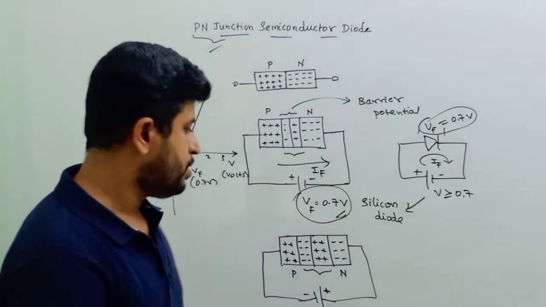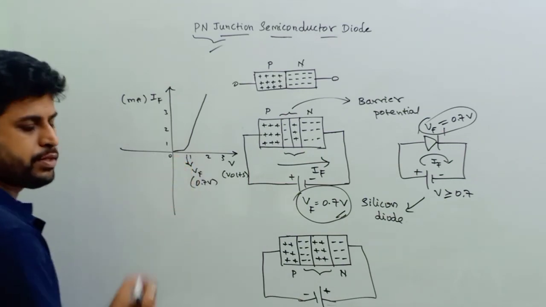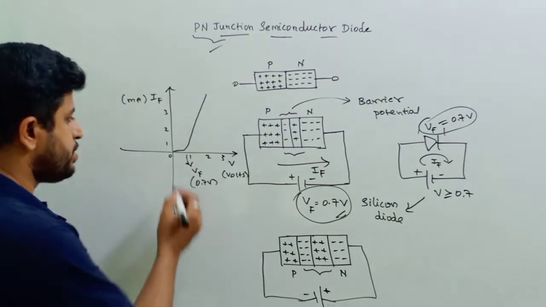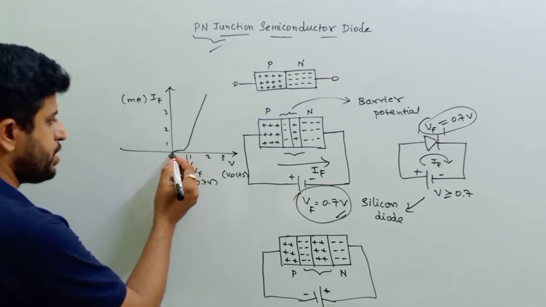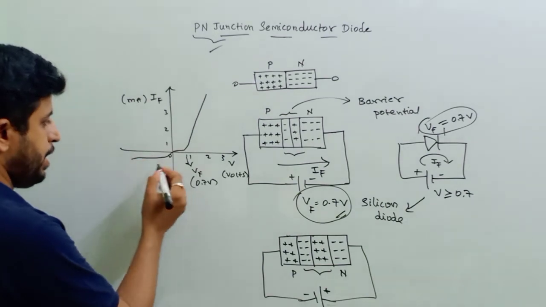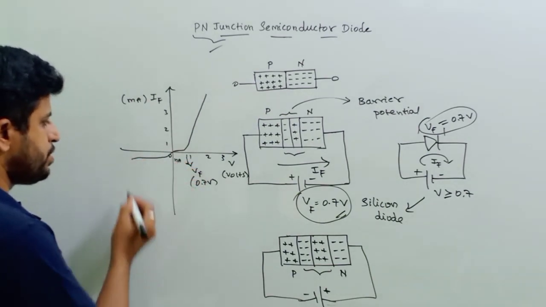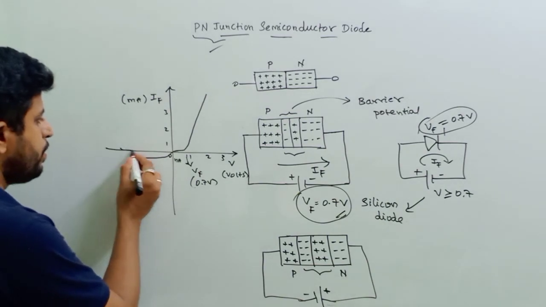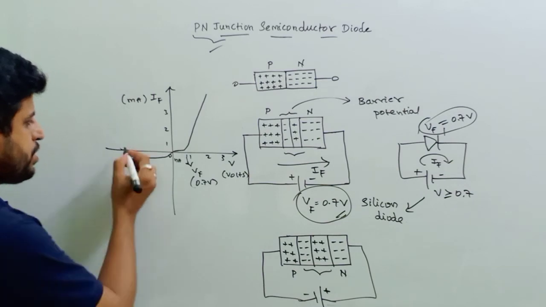Okay, and you can see here, let us plot this in the characteristics. Because of minority charge carriers, we'll get some negligible reverse current, and that will be in terms of nanoamperes, up to certain reverse voltage.